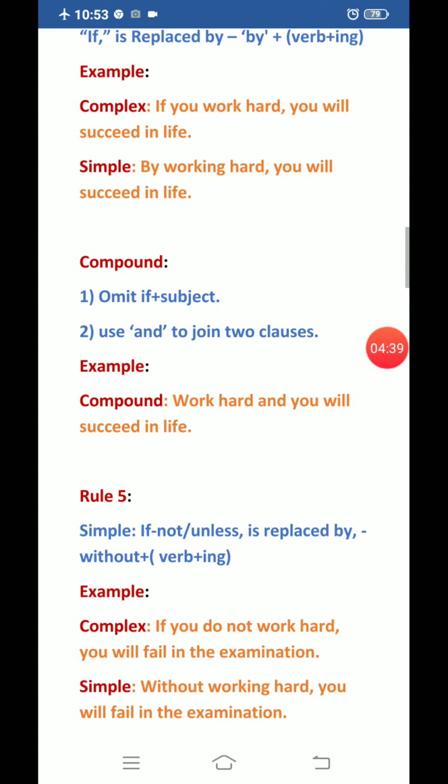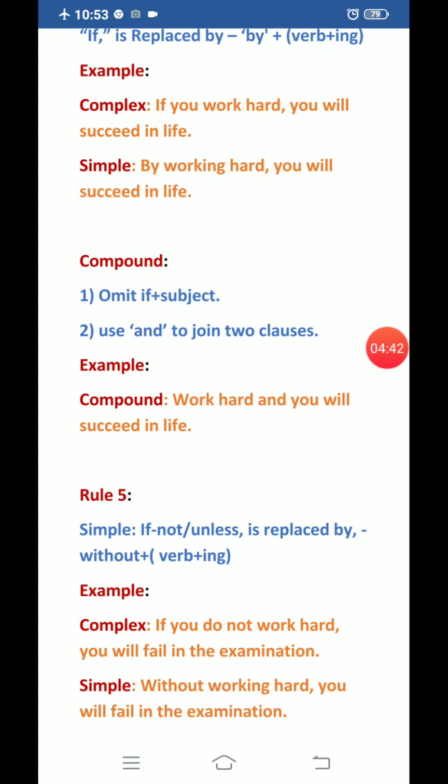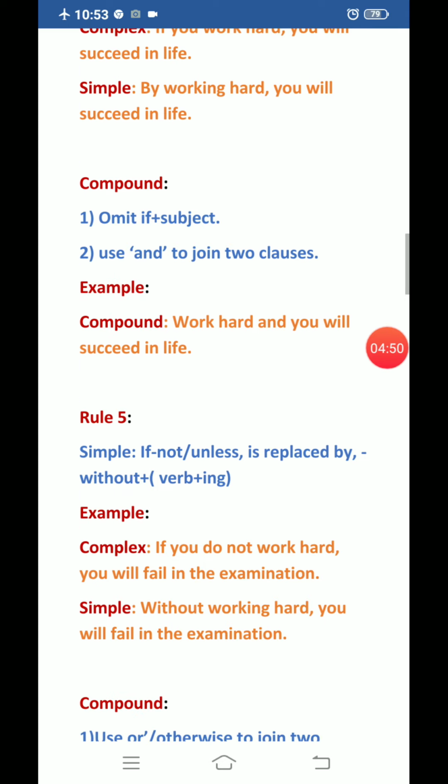Compound sentence rules: number 1, omit if plus subject. Number 2, use and to join the two clauses. Example, compound sentence: work hard and you will succeed in life.